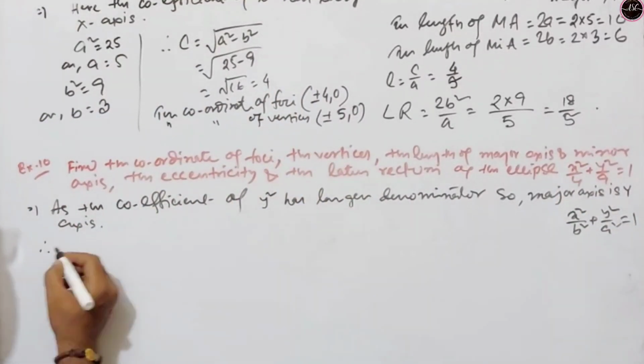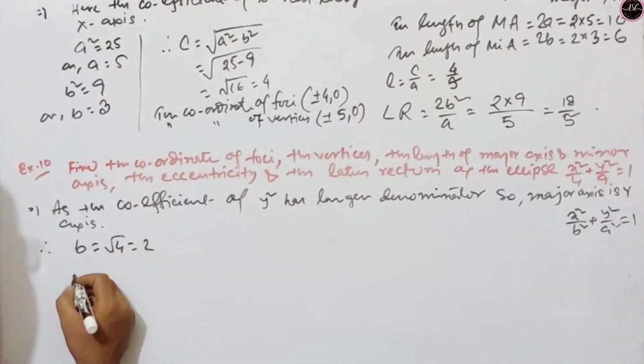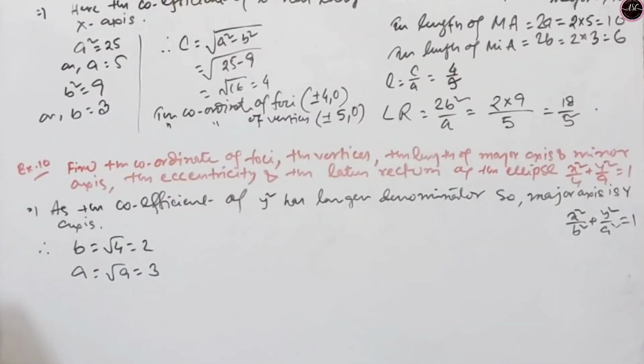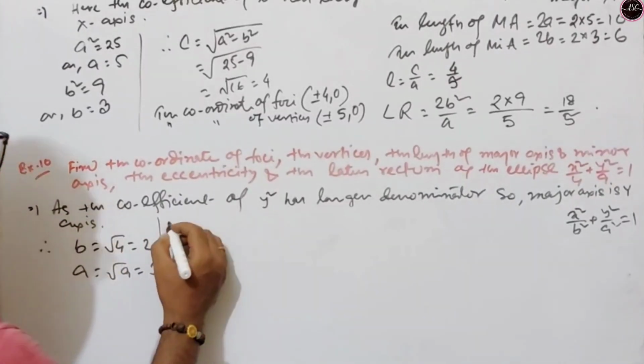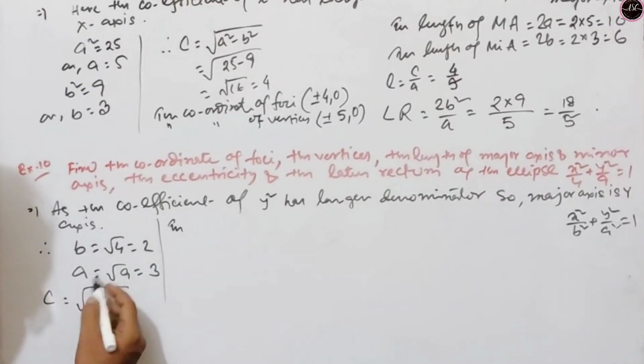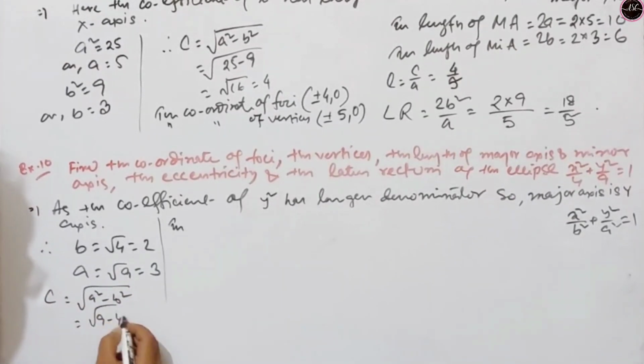Okay, so from the equation we have b equal to root 4, that means 2, and a equal to root 9, that means 3. Now here also c equal to root over a square minus b square, so we have 9 minus 4, that means root 5.